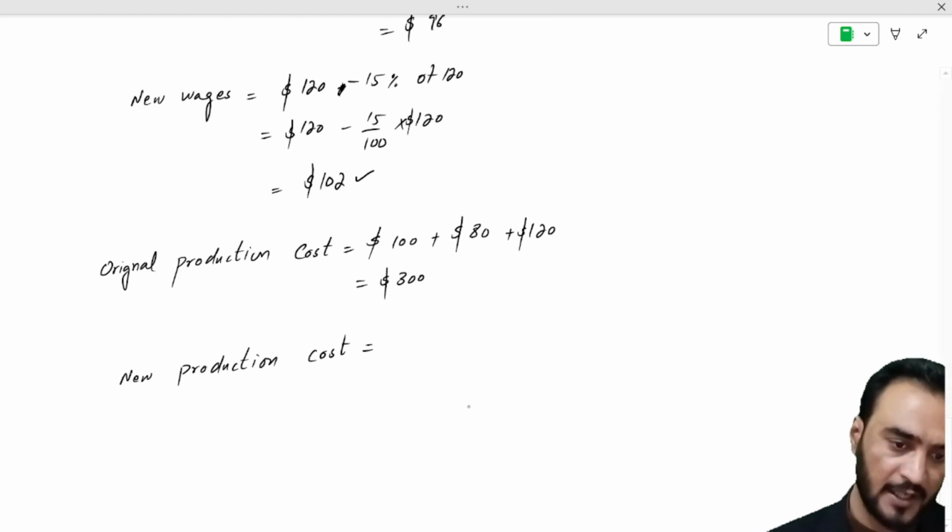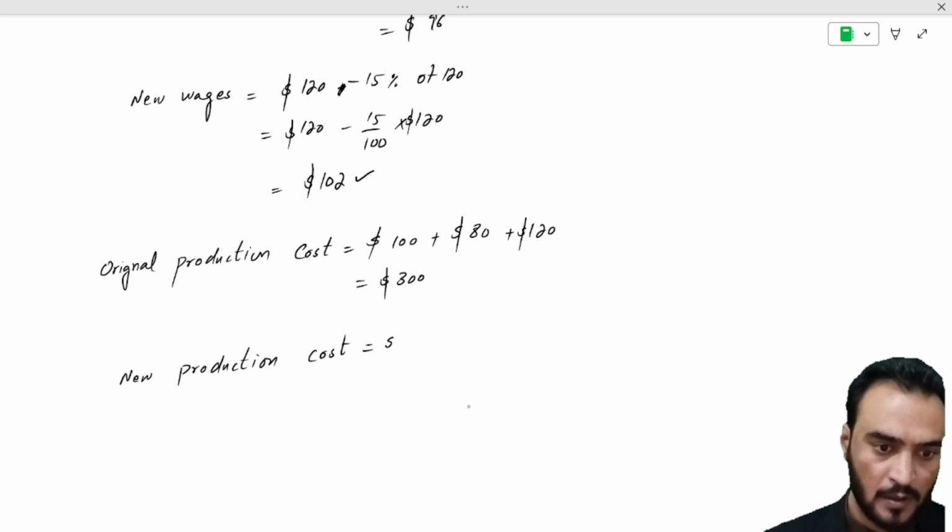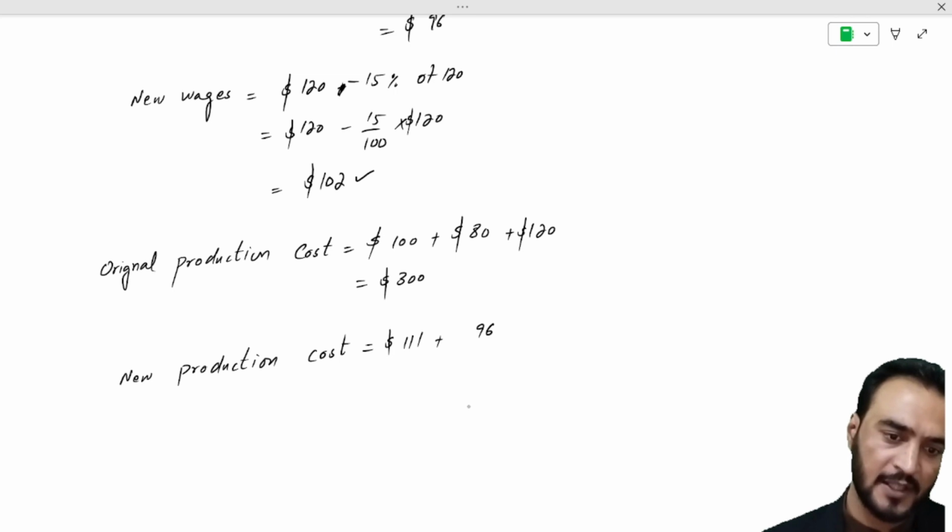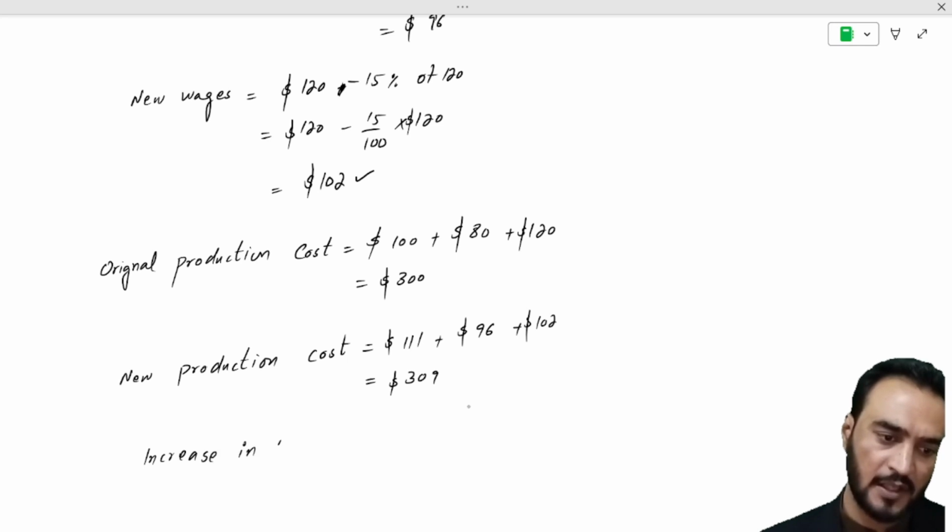So let us add that. $111 of raw material plus $96 of overheads and plus $102 of wages. Adding that, we get $309. Because the original cost was $300 and now the new cost is $309, there is an increase in the production cost.